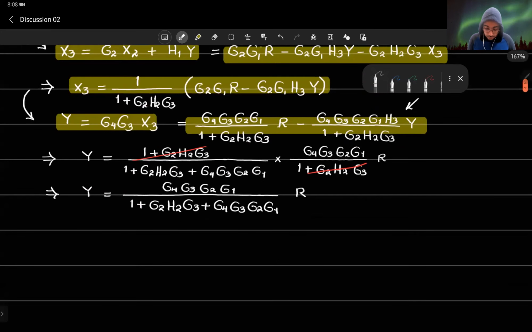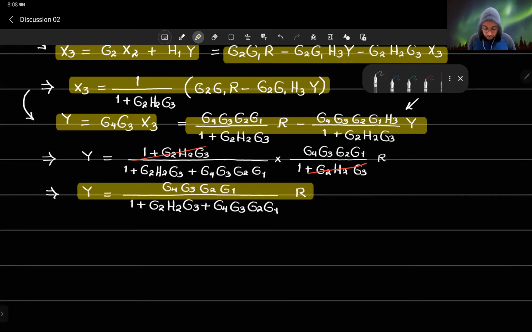We get this expression. So this y is equal to this multiplying r, which means that the transfer function, or that represents the reduced block diagram, y divided by r, is equal to this expression.